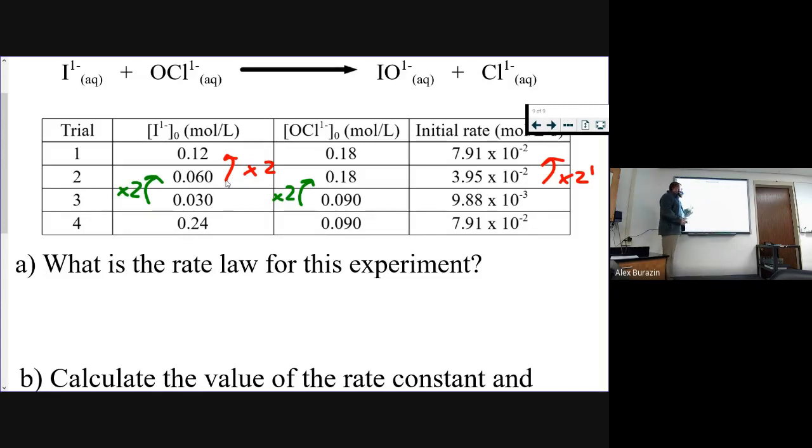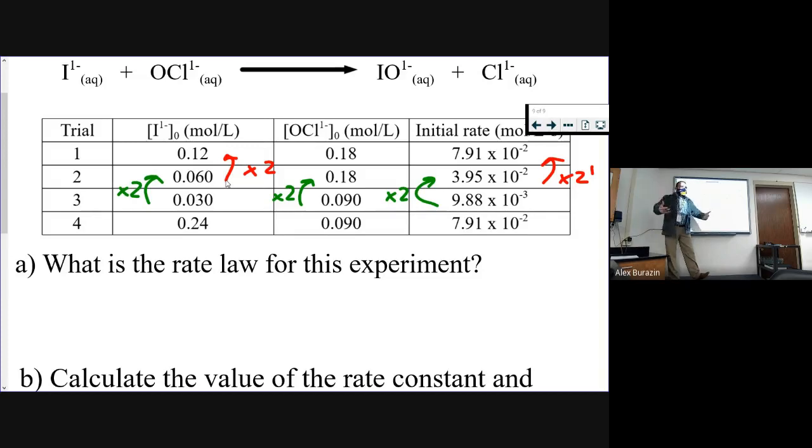Now here's the deal. This is doubling. That is doubling. I know for a fact that this must be going up by that exact same factor. Now the question is, what's the power? What's the order? I know some of it. I know that this change will force the rate to go up by a factor of 2 to the first. We already figured that out, right?